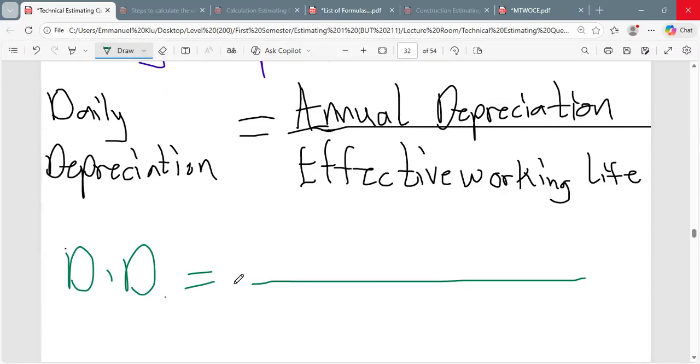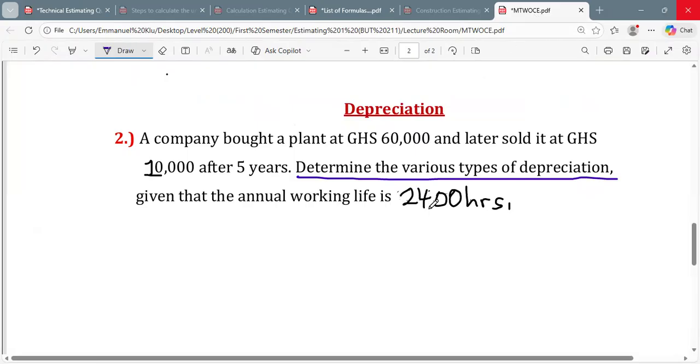But take note, we want the answer in days, but the effective working life was given in what? Hours. It was 1,200, no, let's go and review and see. It was 2,400 hours rather.